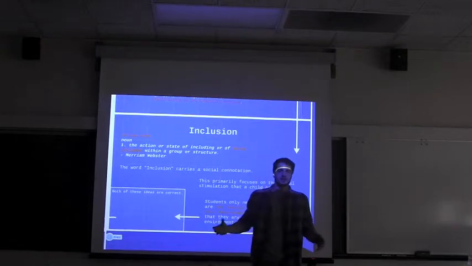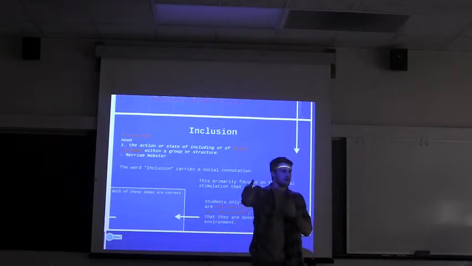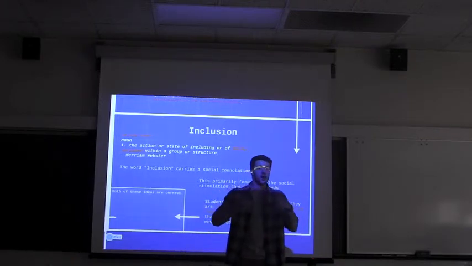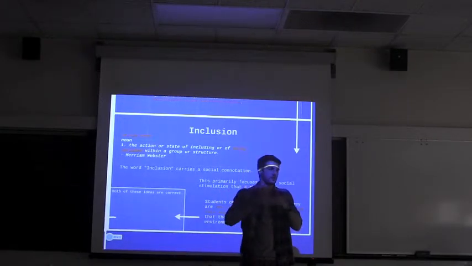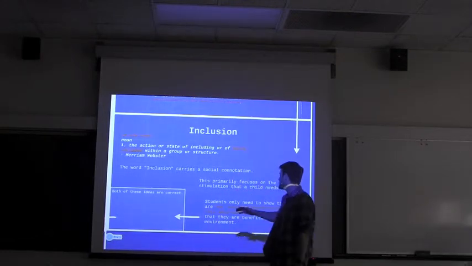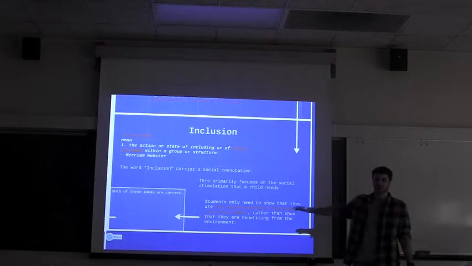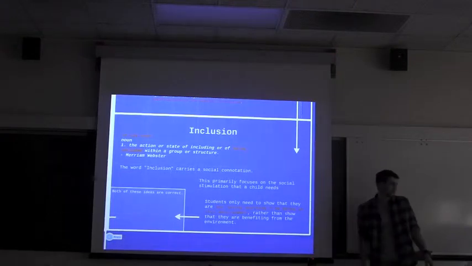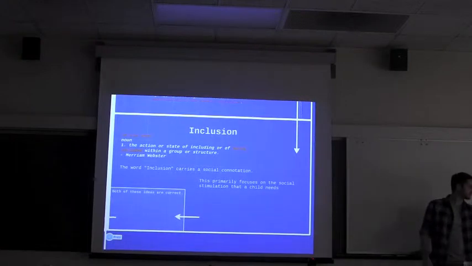And what that was is that a child, if they could show that they were benefiting from the environment that they were in, they were allowed to stay. And if they were not just showing positive growth, but remaining neutral or losing from that environment, they would be pulled from it. This one says that they don't need to show any positive growth. They just need to show that they aren't having any negative effects coming into the classroom. So again, primarily social.